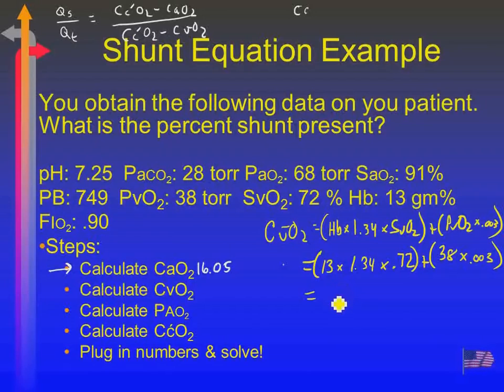Anybody get the first part? 12.5? Sounds good. 38 times 0.003. Again, we don't need to be quite that precise. But it's 12.6.